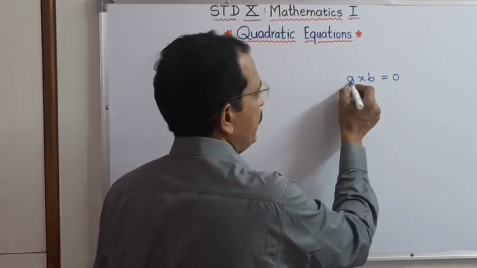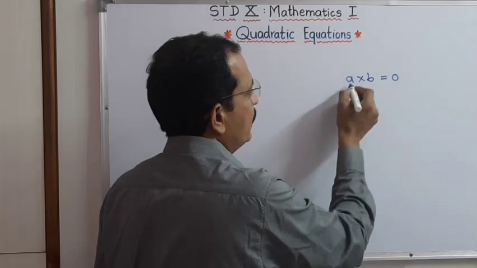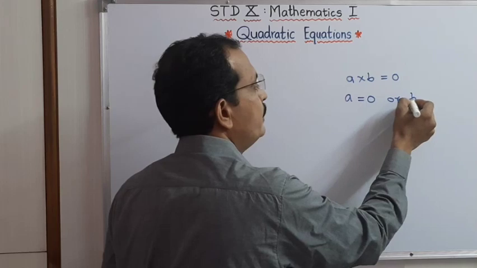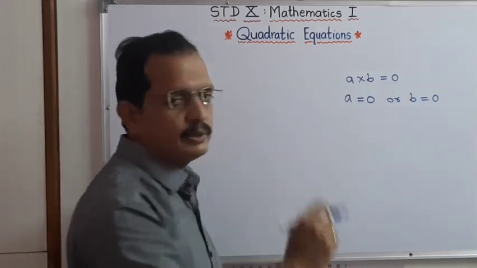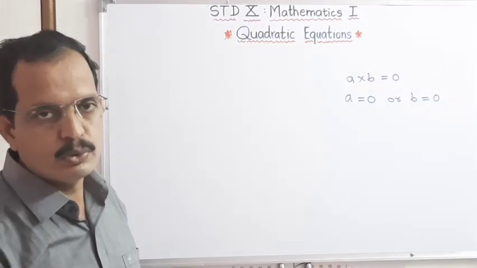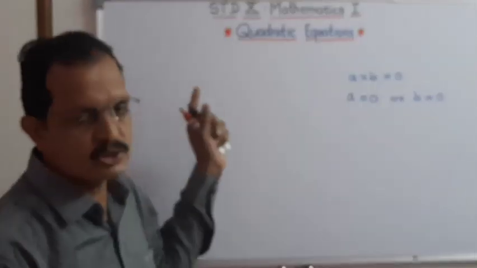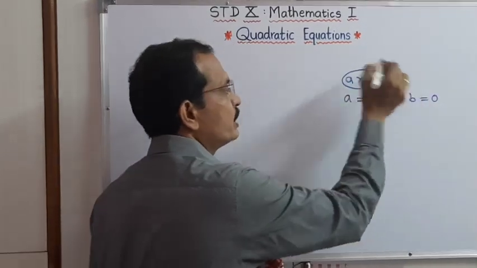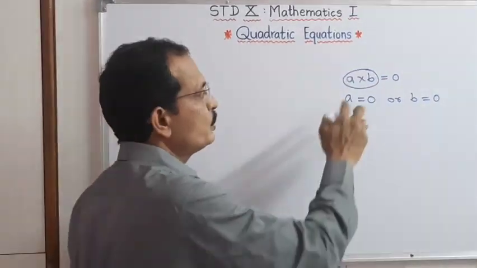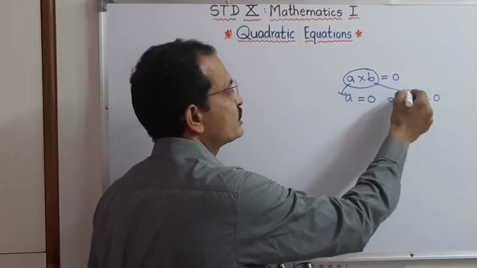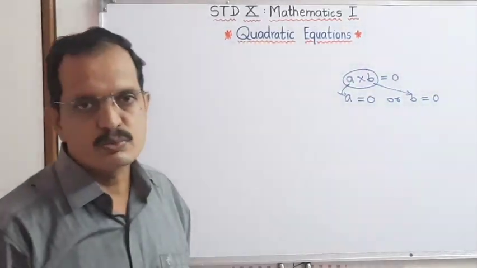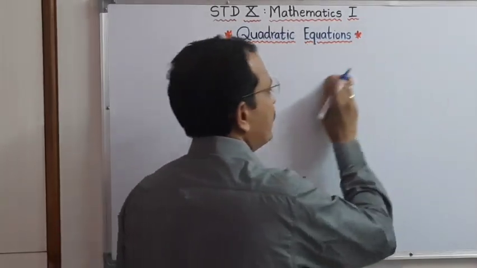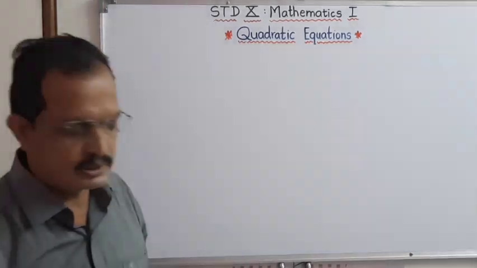That means if a into b is equal to 0, then we can write a may be 0 or b may be 0. This is one property. We have to use this property to solve the quadratic equation by the factorization method. That means when the multiplication of any two numbers is 0, then out of those two numbers, one number must be 0. By using this property, we have to solve the quadratic equation by the factorization method. Therefore, you must know this.